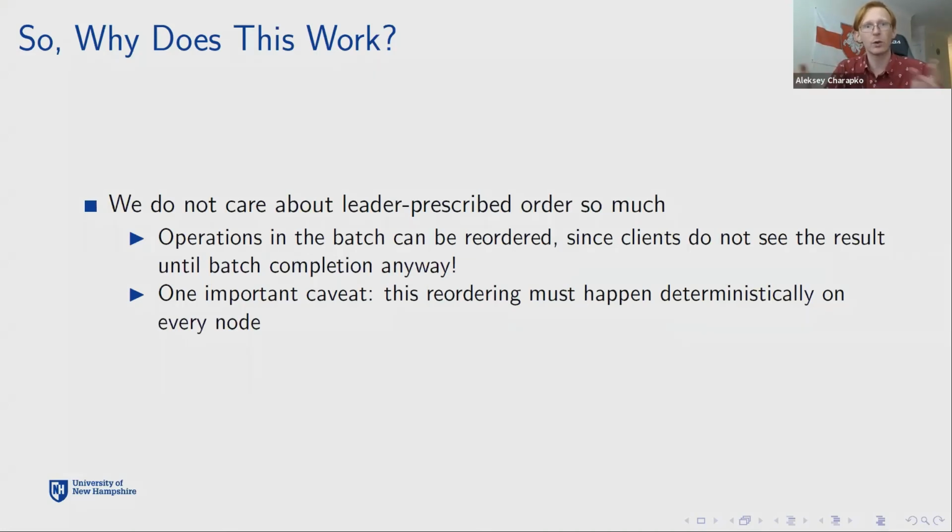Honestly, you can reorder it however you want in a batch, as long as you do it deterministically at every single node, right? So if every single node can compute the new order of the transactions, then we can run this batch in this identical way, and that will be fine entirely. So in a sense, the order that was prescribed by the Paxos leader doesn't really matter that much.